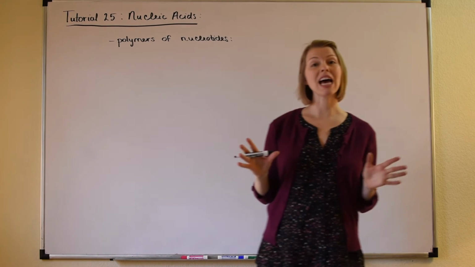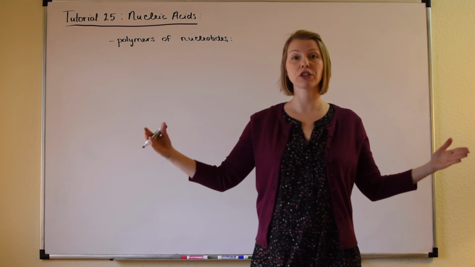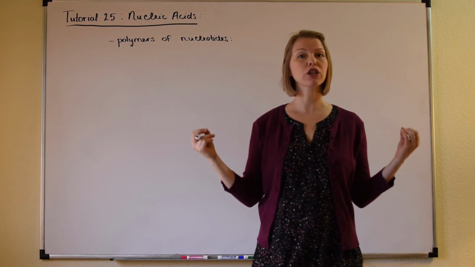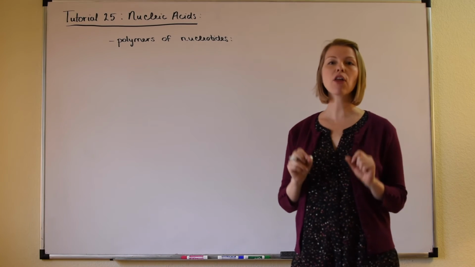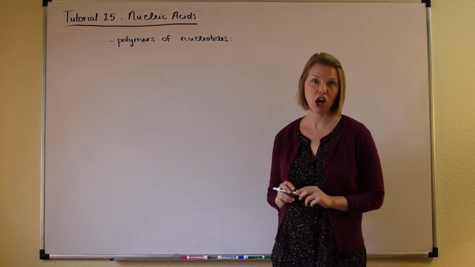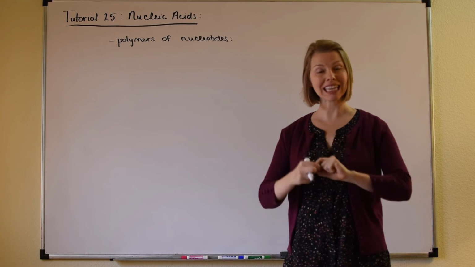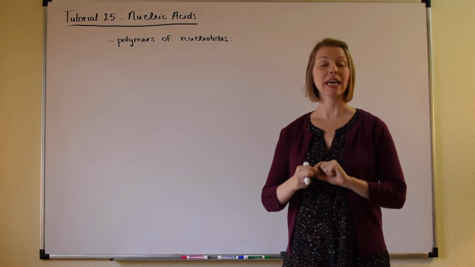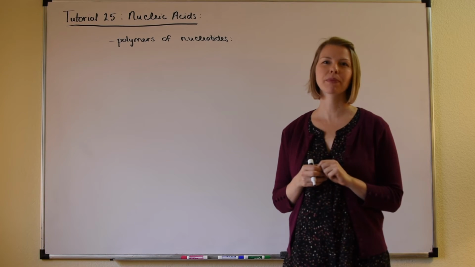So we've already said that nucleic acids are polymers made up of the smaller units known as nucleotides. So now that we know what nucleotides look like, we are finally ready to talk about how they link together to make up polynucleotides, also known as nucleic acids.